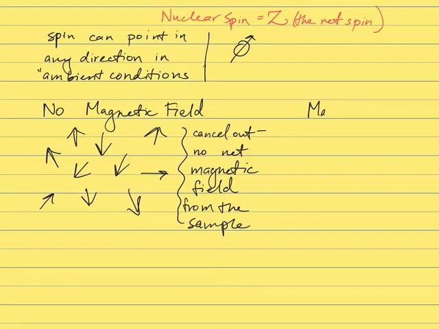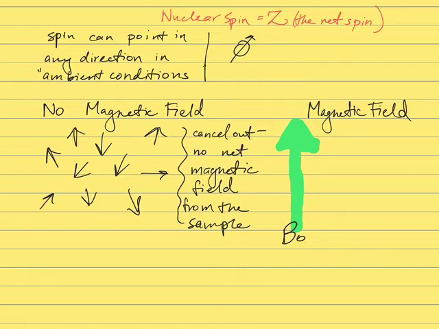However, when we add a magnetic field, our magnetic field is going to point this way. This giant green arrow will be our magnetic field. And now we're going to put our spins in the magnetic field. The magnetic field we're going to call B naught. That's the external magnetic field that we're applying.